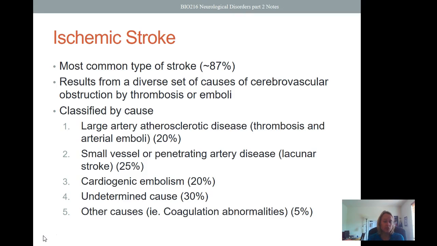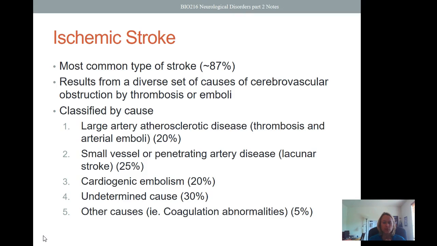Ischemic stroke is the most common type of stroke, making up about 85%, and it results from a diverse set of causes of cerebral vascular obstruction by either a thrombus or an embolus. They're classified by cause. Number one, we have large artery atherosclerotic disease. This is where we get thrombosis and perhaps arterial emboli.